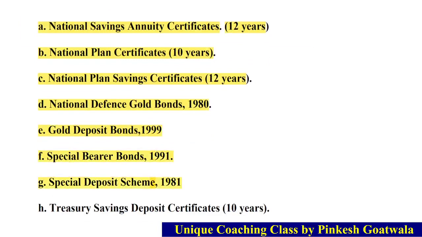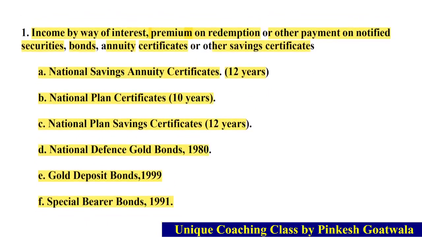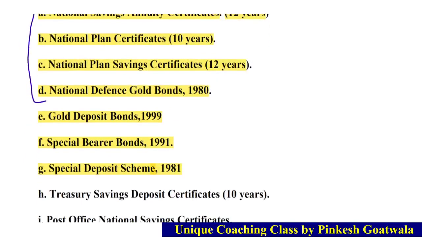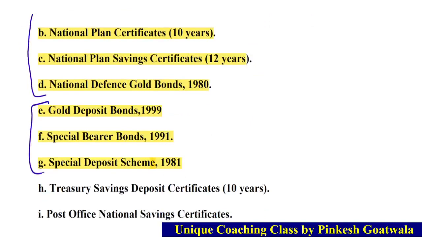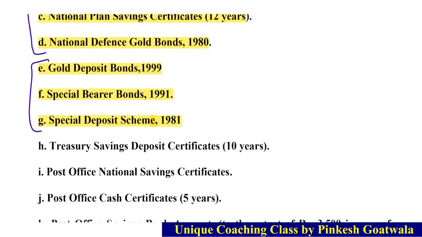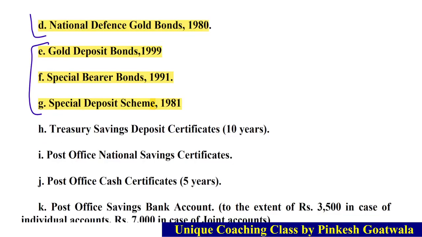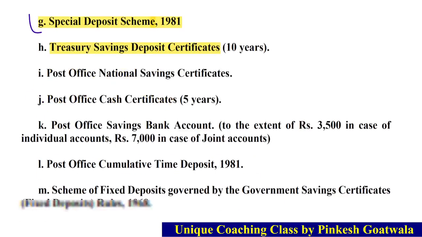So there are many, but I have put them in this way so you can easily remember. First of all you can easily remember these four: national saving annuity, national plan saving, national defense bonds. Then you can remember these three: gold deposits, special bearer bonds and special deposit scheme. After that, treasury saving deposit certificate, and then all are regarding post office.